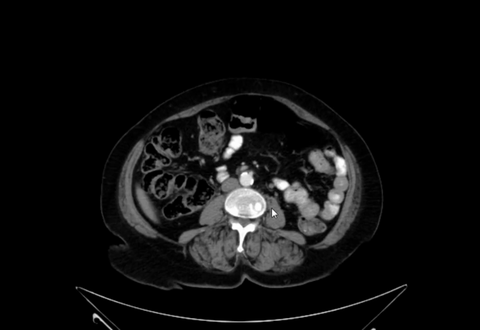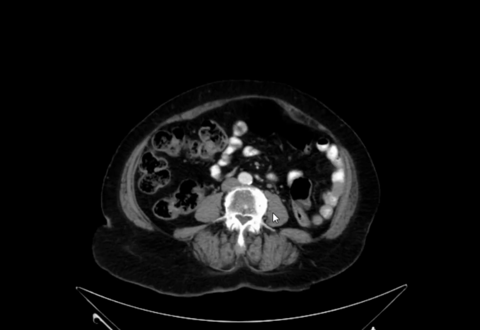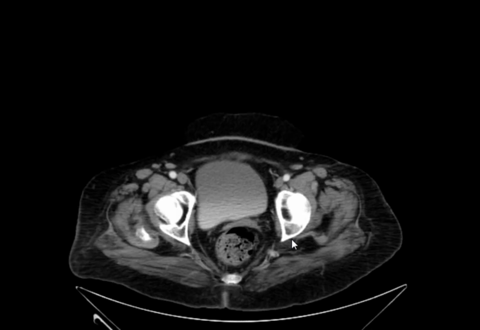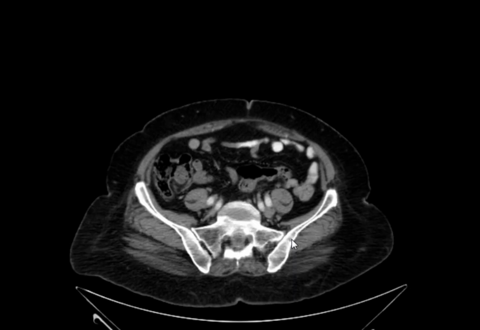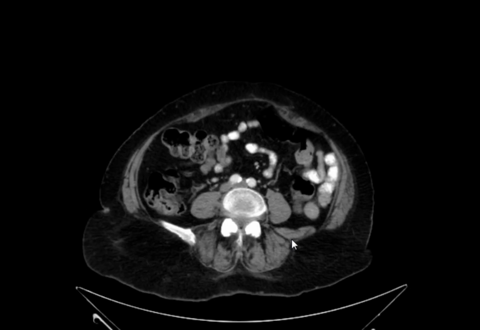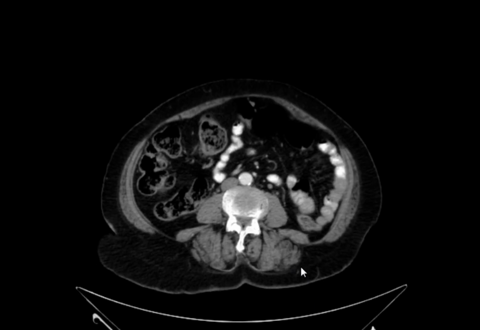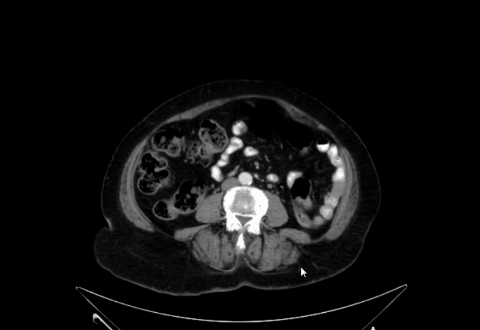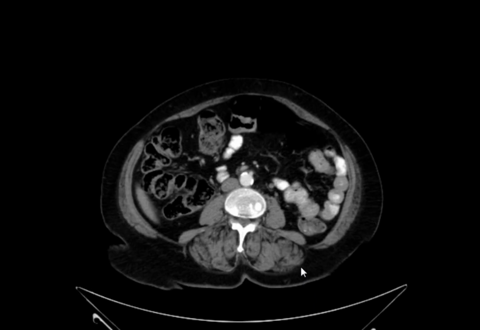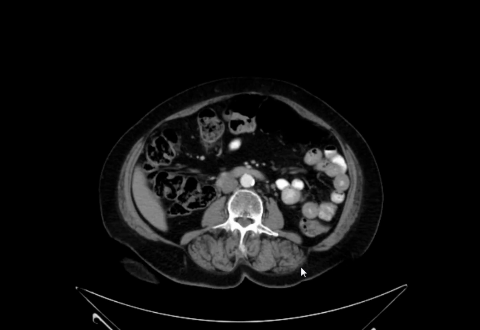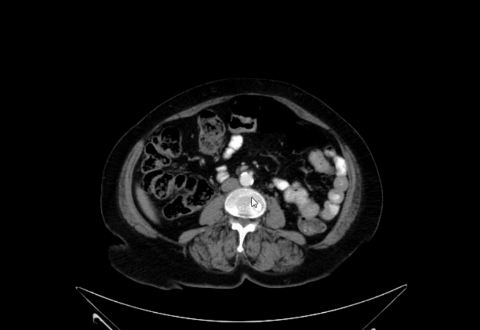Basically, there are three main findings. One is insignificant and two are very significant. There is this hypertense. Okay.